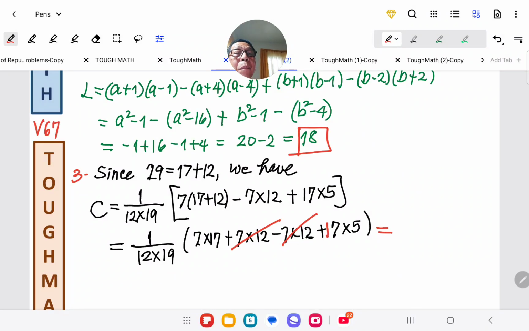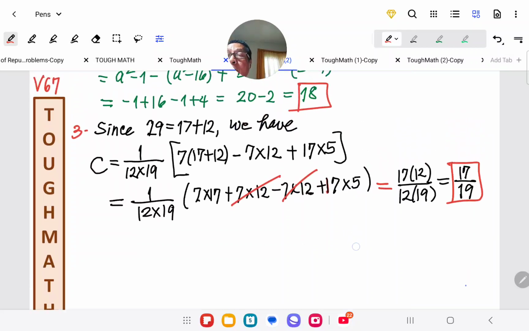That is 17 there. And so we have 17 times 7 plus 5, which is 12, over 12 times 19. So we have 17 over 19. So this is the answer to the third.